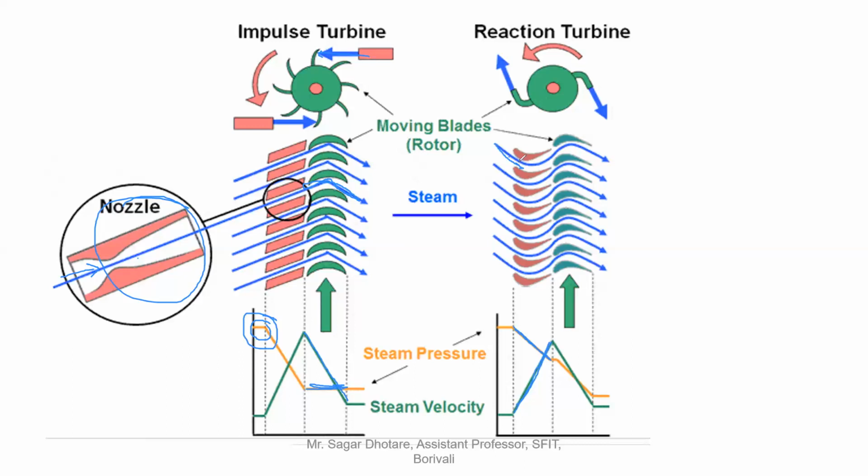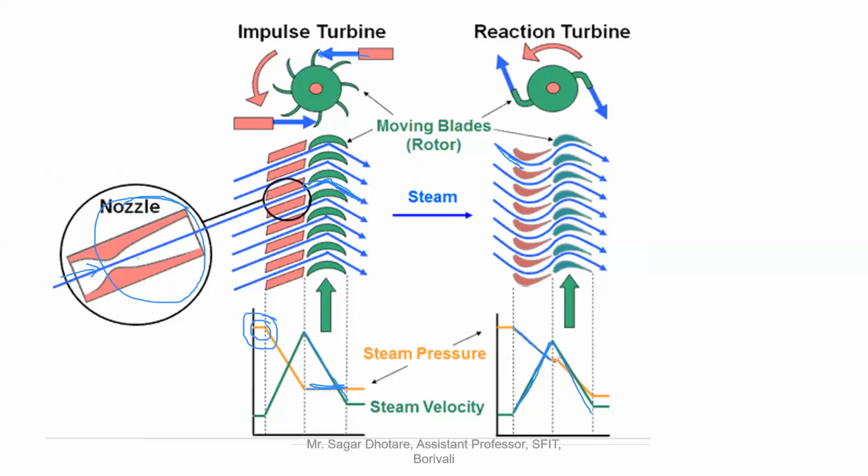When the steam exits the fixed blade and enters the moving blade, it transfers its kinetic energy to the rotor and the velocity drops. As compared to the impulse turbine, the pressure also drops in the reaction turbine. But in the impulse turbine, it is constant while the steam passes over the blades.